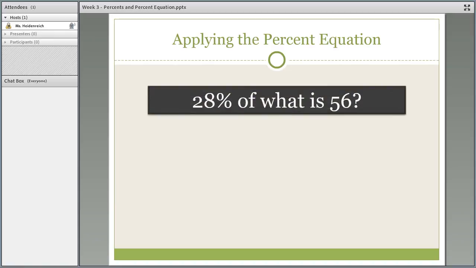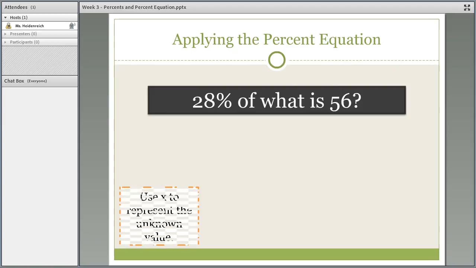Okay, another example. It helps to do multiple examples so that you can see all these different styles of the question. So on this one, we're still going to go left to right. We're going to use our x for the unknown value, the what, and the 28%, we need to change that to a decimal before we do anything with it.